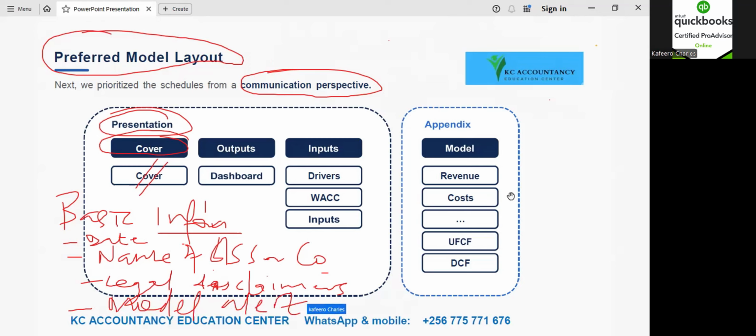Just like the way you can set an alarm, we may have some alerts. But more importantly, this cover page is really setting the stage, or setting the pace, for the financial model.